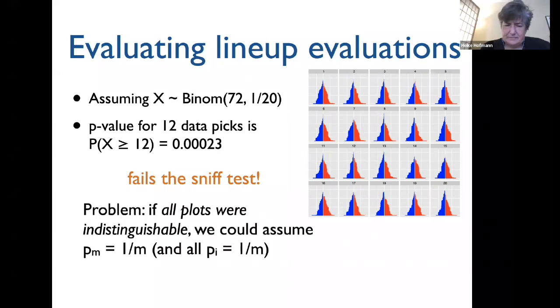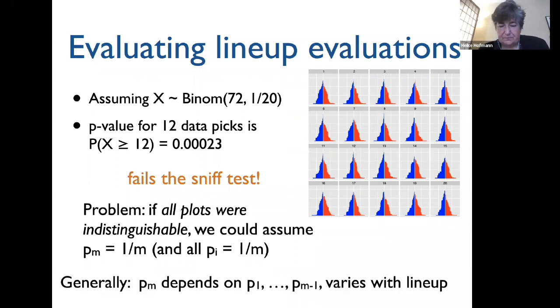So the problem is, if we could assume that all of these plots were the same, we could assume that the probability for p_i is 1 over m. But what we see in practice is that these null plots are all a bit different, and some null plots attract a lot of votes, whereas other null plots are really very boring and don't attract any votes.